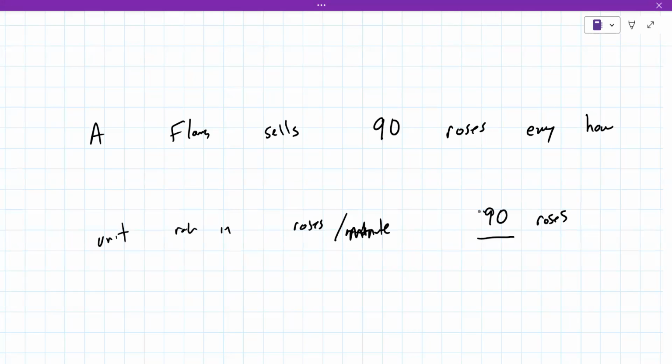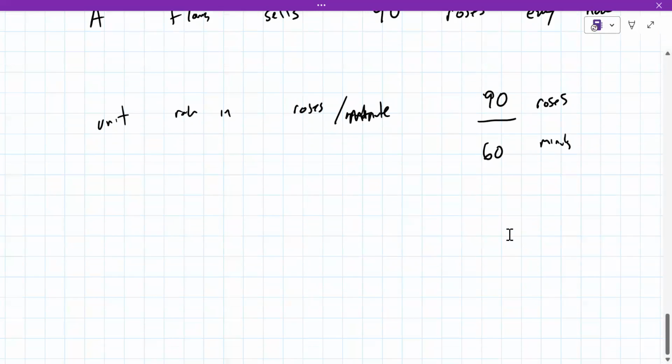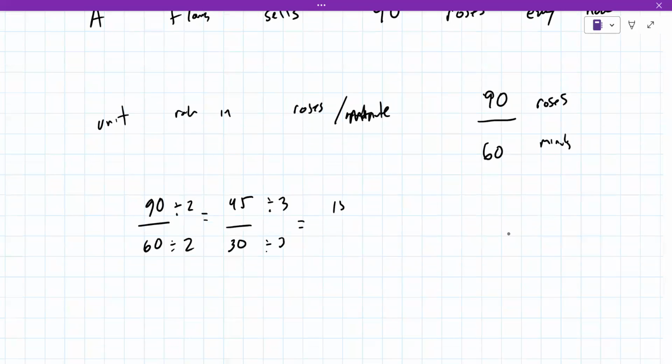I heard all the right things and then not sure what happened from here. The zeros do cancel. That's a nice thing to do, but let's just say you didn't know that. 90 over 60, divide both of them by 2, right? 45 over 30. And then you might try 3. 15 over 10.